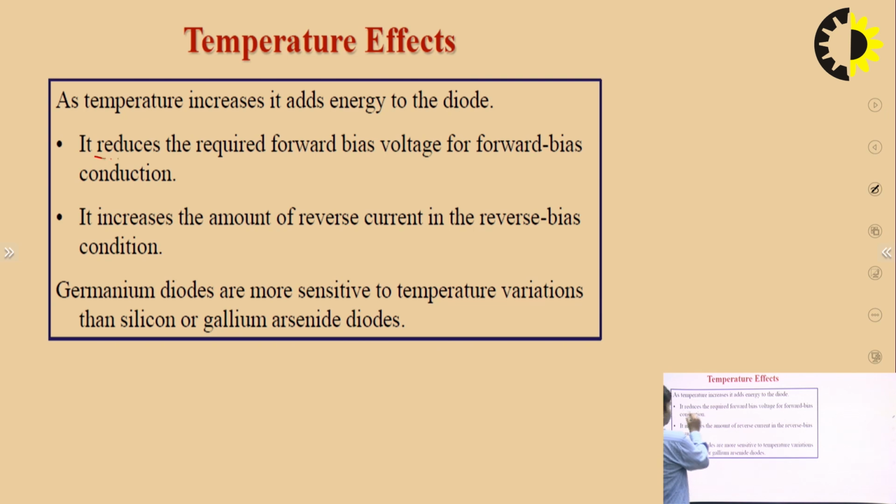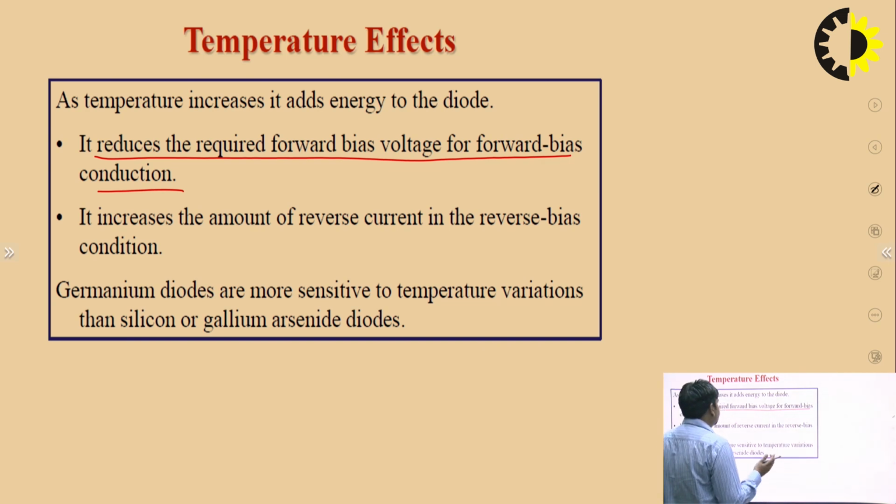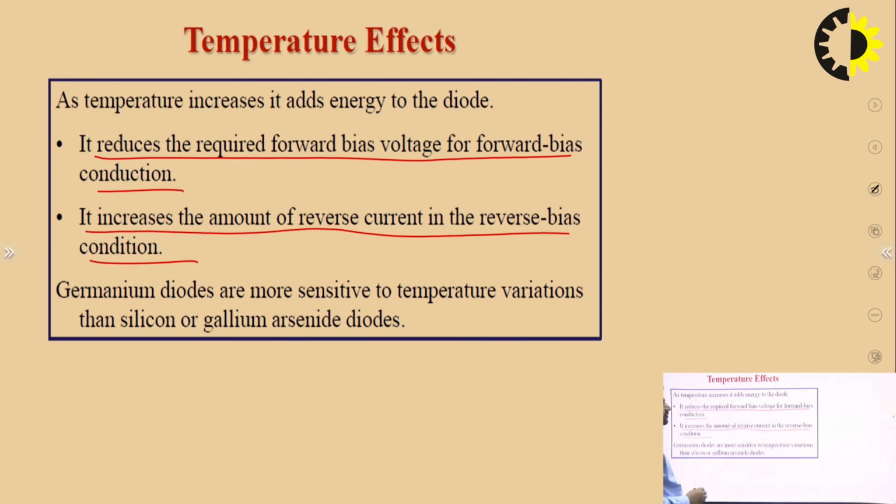We already showed that if we increase the temperature, the cut-in voltage is reached before the cut-in voltage at room temperature. The reverse saturation current also increases when we increase the temperature.